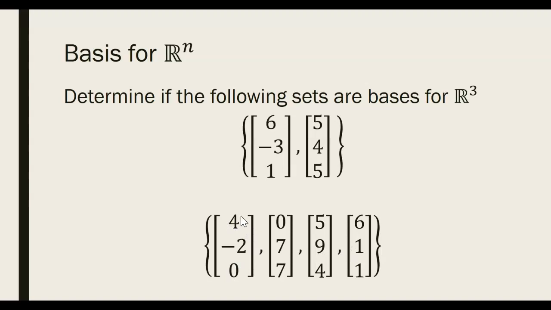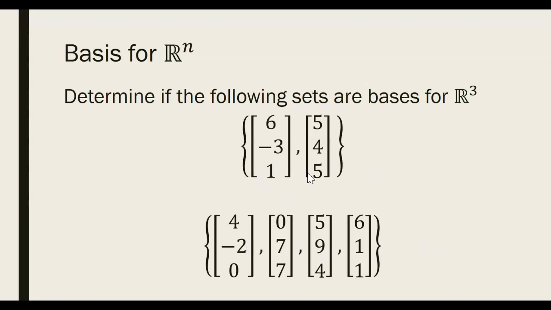When you reduce, you can get at most 3 pivot positions, which is going to force you to have at least 1 free variable. If you put this one in your calculator, you'll see that you get a free variable, and that free variable means that these vectors are not linearly independent.